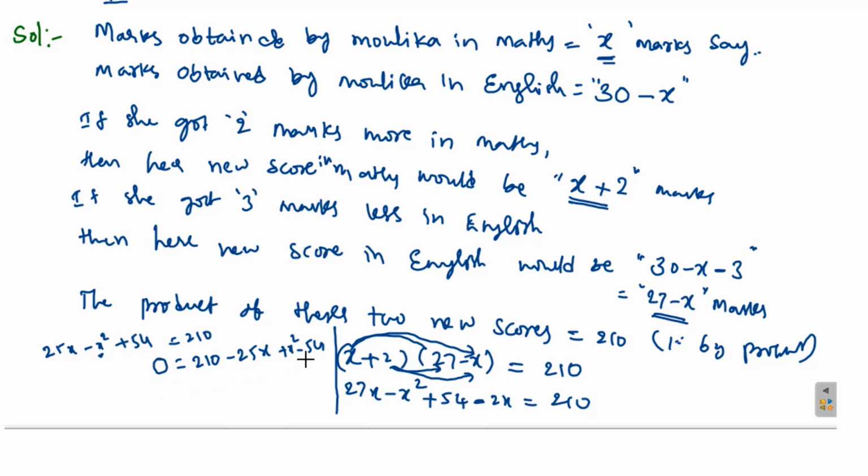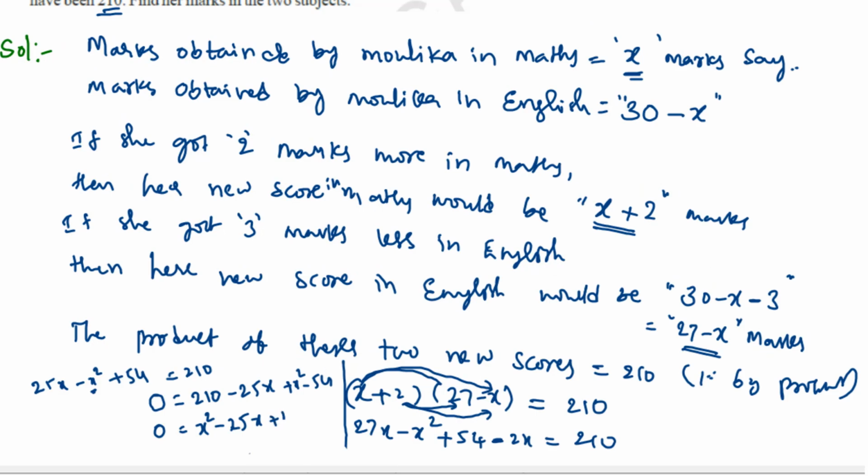Now simplifying this right hand side, we write the first term with the highest degree, that is x square, and next minus 25x, and next the constant terms 210 and minus 54. By simplifying these two we get 156. So this can be written as x square minus 25x plus 156 equals 0.